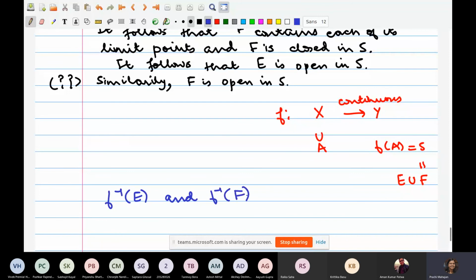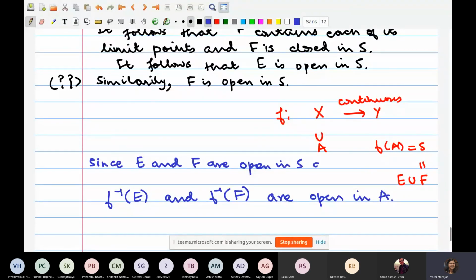Now since E and F are open in S and f is continuous, the pullbacks are also going to be open sets.